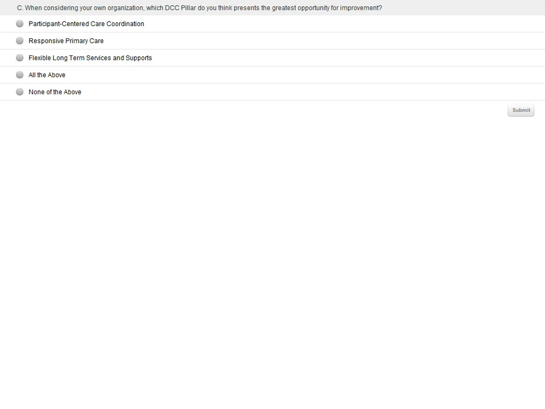I mentioned earlier, and there was a slide in this packet, that talked about the DCAT tool. There's a reference to that at the end. I don't know that we need to go over the slide again, but what that tool does is it breaks down all that Dr. Burrows presented in far greater detail and takes you through a whole process of looking at your own organization, your own organization's capacity and capability.